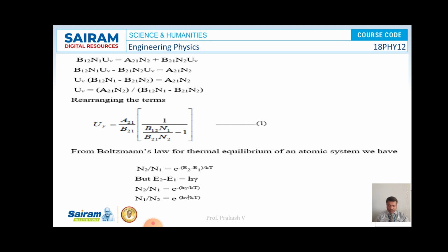From Boltzmann's law for thermal equilibrium of an atomic system, we have N2 by N1 equal to e to the power of minus (E2 minus E1) by kT, that is equal to e to the power of minus h mu by kT, or N1 by N2 can be written as e to the power of h mu by kT.